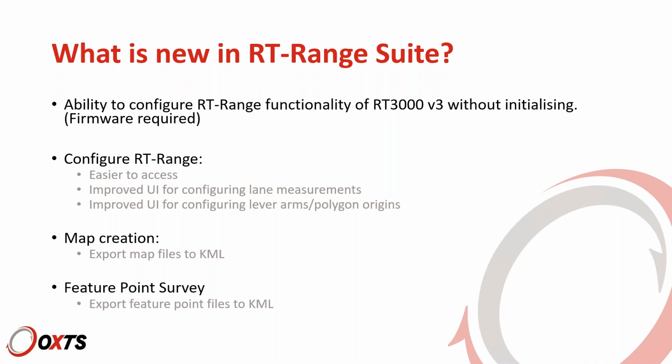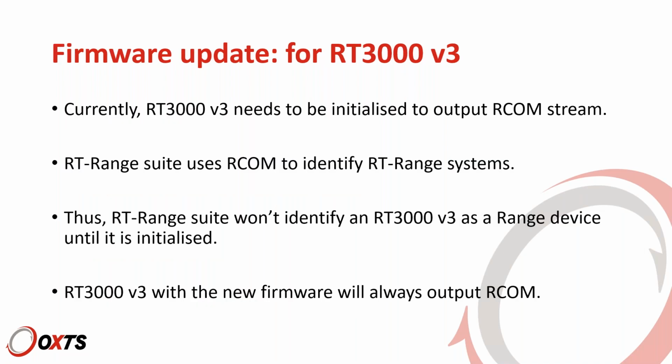But in the software, the major changes are in Configure RT-Range, where we've made some changes to the user interface, and there's also some added functionality to map creation and the feature point survey tool as well. So first we'll have a look at this firmware update.